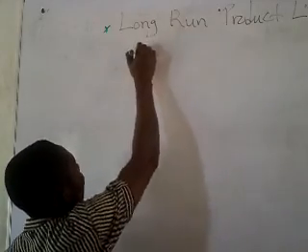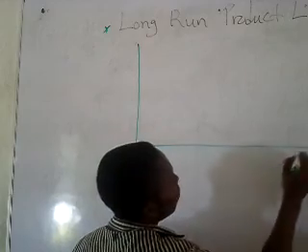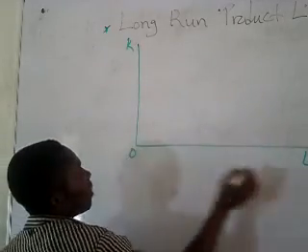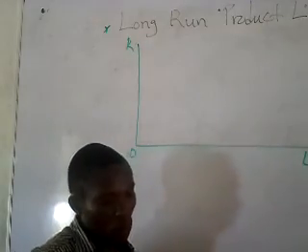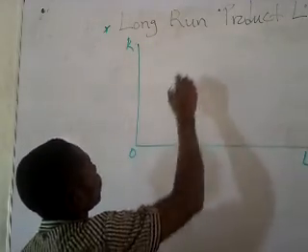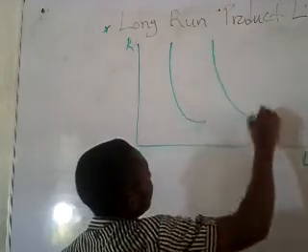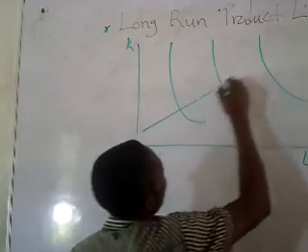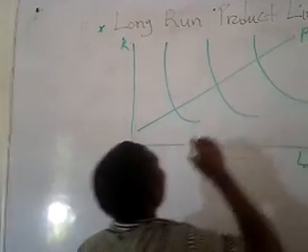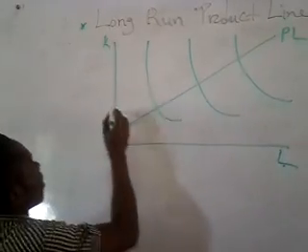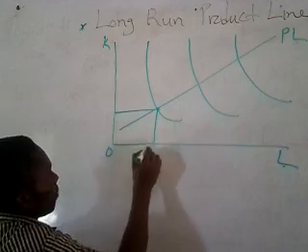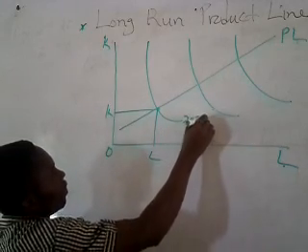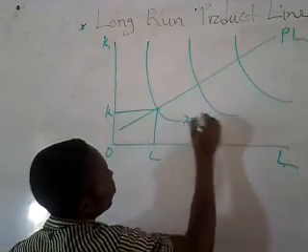So in the long run, we have two input combinations, capital and labor. If you want to produce different levels of output, it means we have to increase capital and at the same time labor to get different units produced.